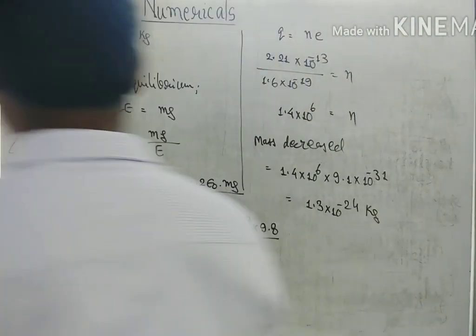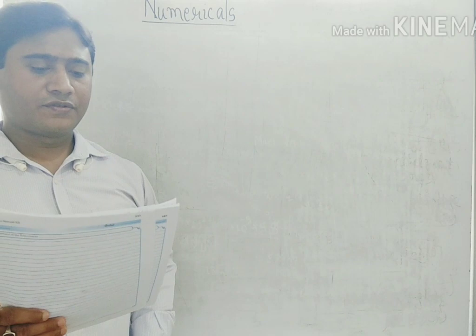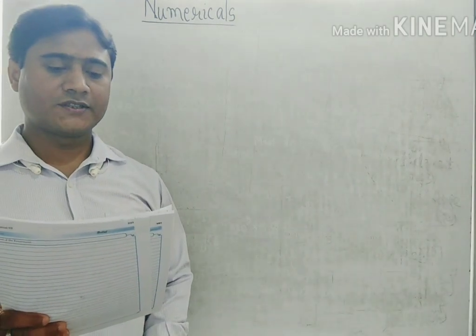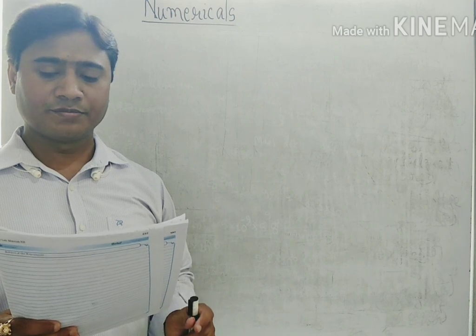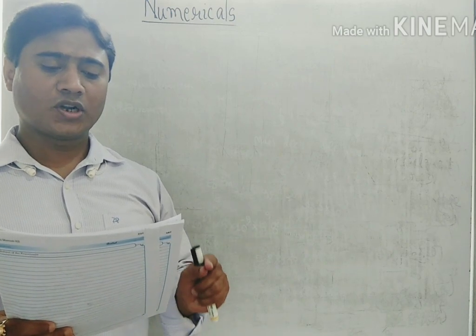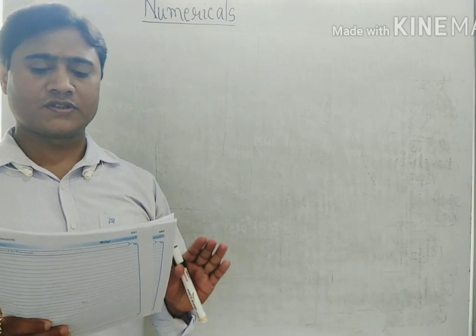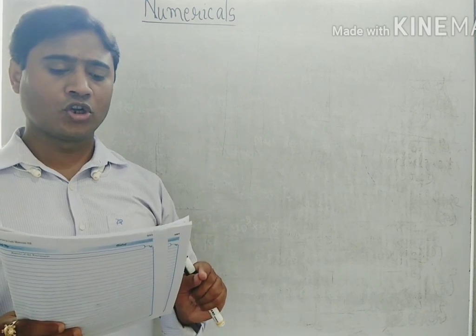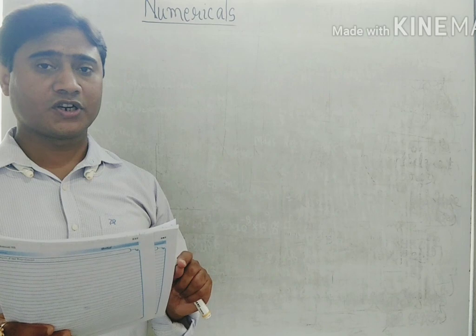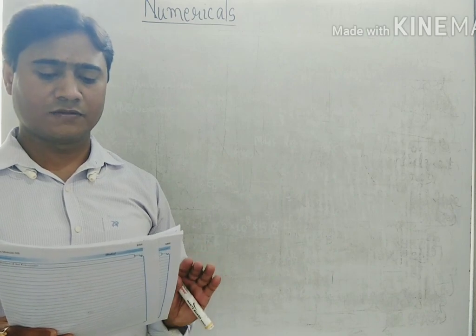Okay, students, so now let's have the sixth question. Consider the following very rough model of a beryllium atom. The nucleus has 4 protons and 4 neutrons confined to a small volume of radius 10^-15 meter.